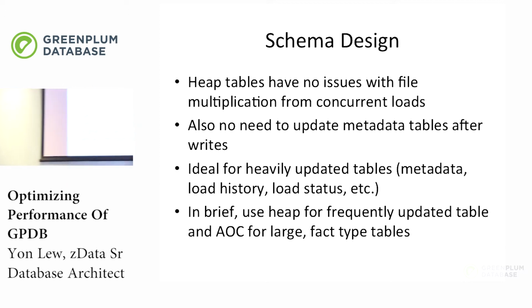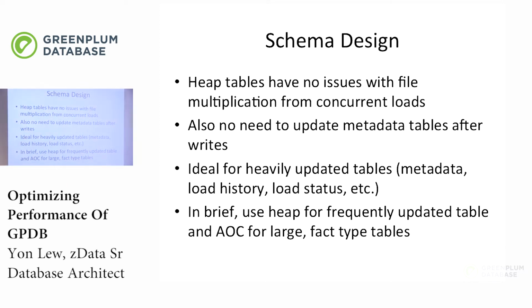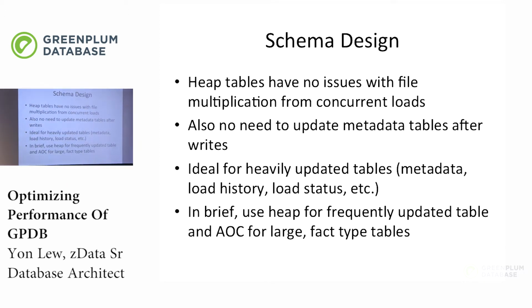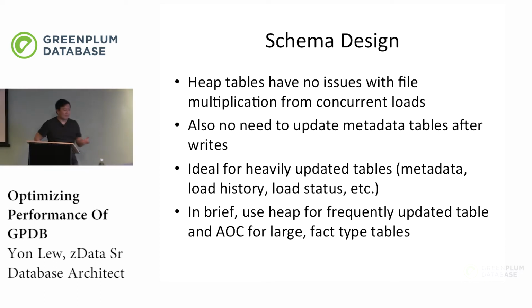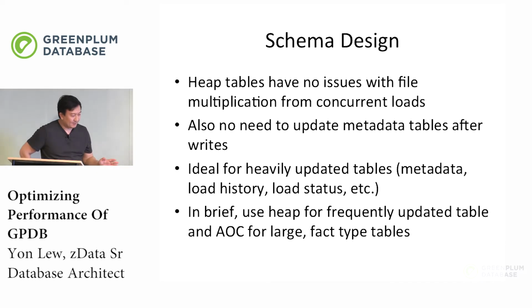As I mentioned, heap tables have no issues with file multiplication from concurrent loads. You run 50 loads on a heap table, you still get one file per table. And again, heap tables do not have those associated metadata tables that AO tables have. So you insert to the heap table and that's it. There's no need to go out there and grab the metadata tables and update the stats for the table.